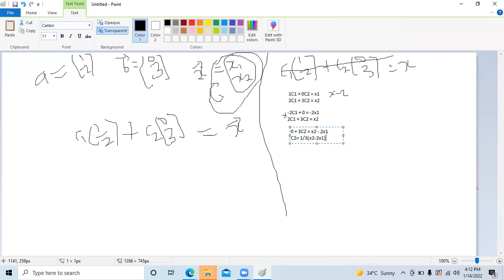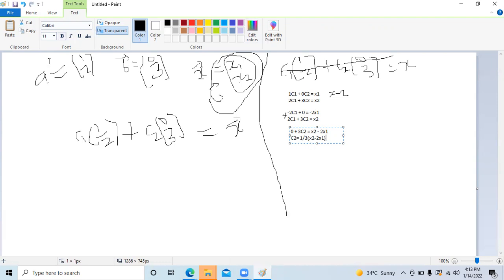So C2 is going to be this. So I already have a value for my second constant. Now I want to get a value for my first constant. Now remember that from this first equation, this is 0, right? So x1 is equal to C1.